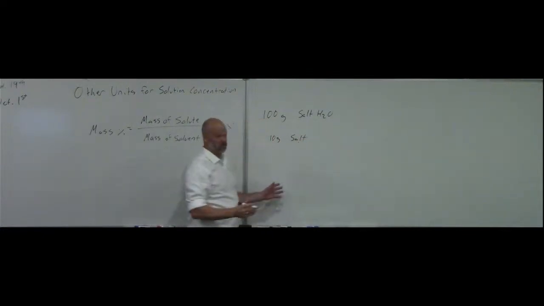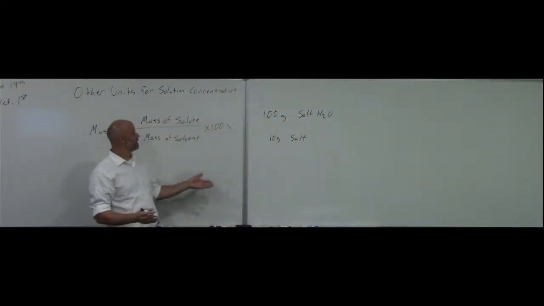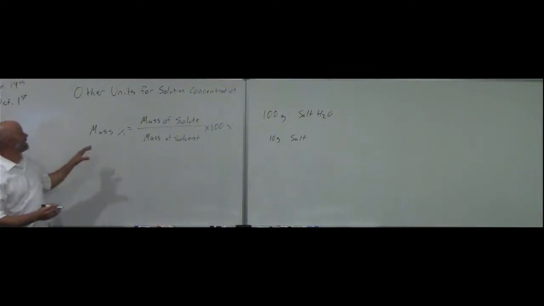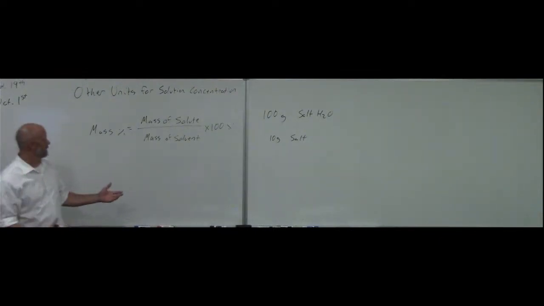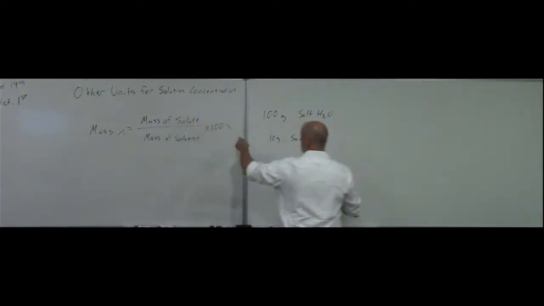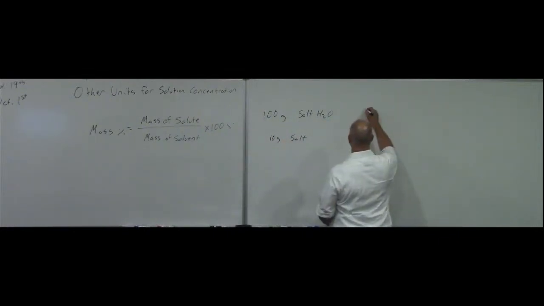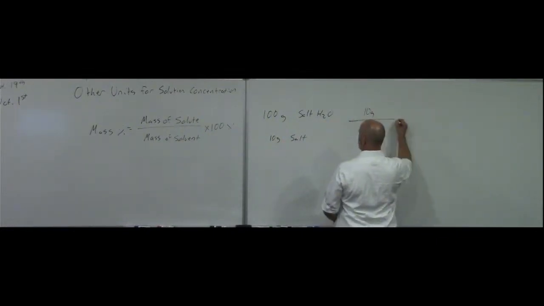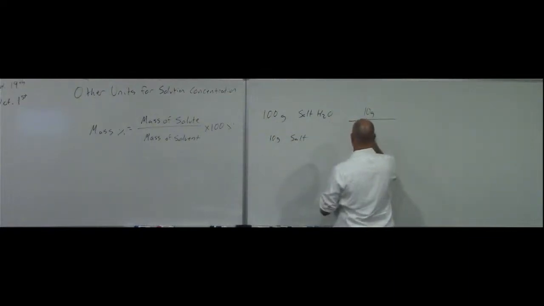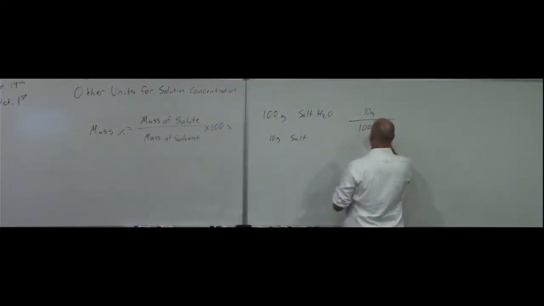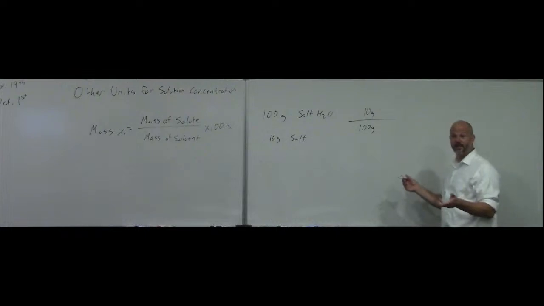I kept this super easy, right? Look at this math. You can do this math. So I just want to know what is the mass percentage of salt for this, right? So I take the mass of the solute, which is 10 grams, and I divide that by the mass of the solvent, which is 100 grams. That's like 1/10. That's 10%.